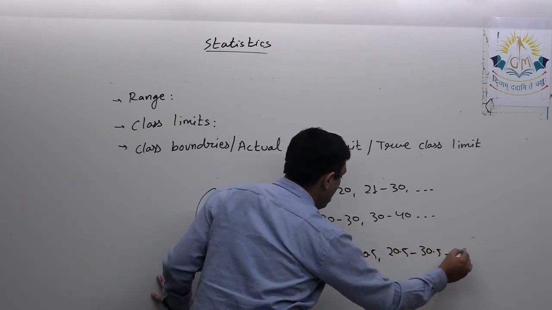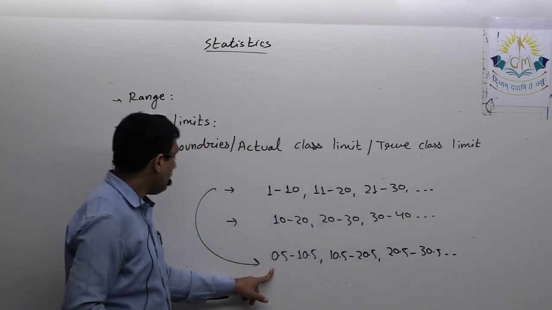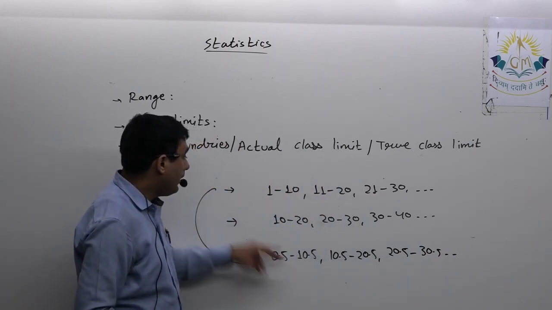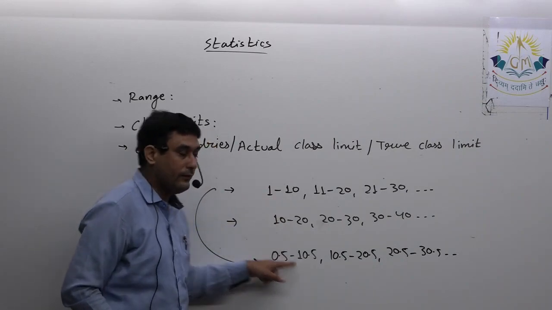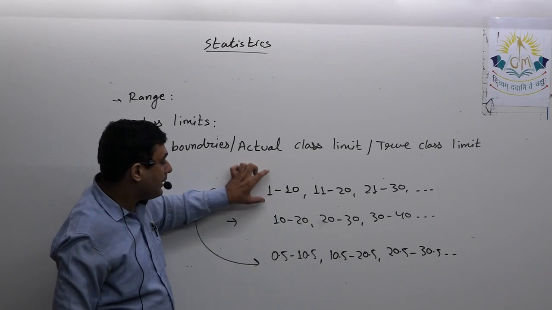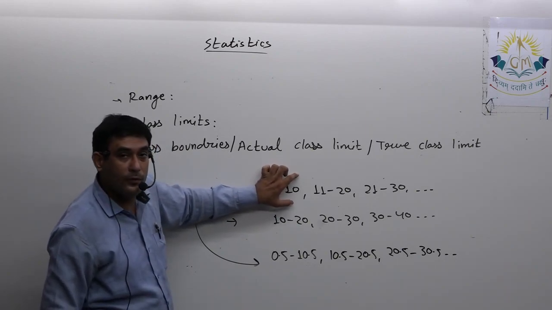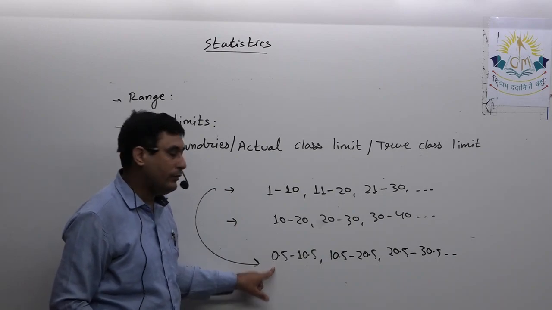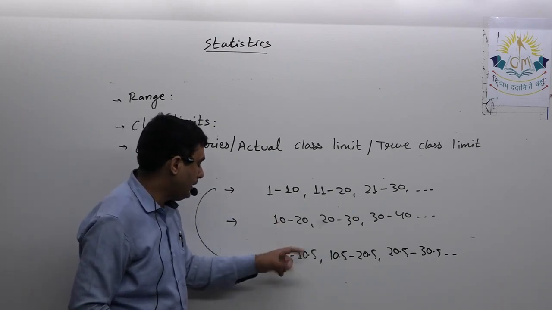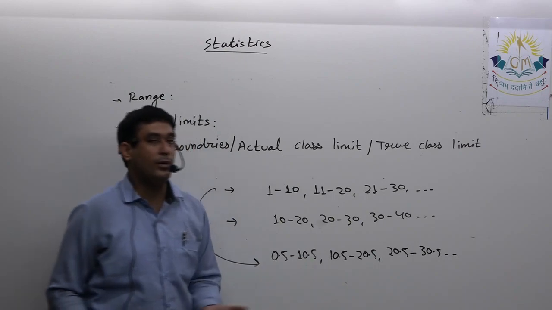Now I can say over here class limits are 1 to 10, but true class limits are 0.5 and 10.5. The lower class limit of the first class is 1, the upper class limit is 10. But the true lower limit of the first class is 0.5 and the true upper limit is 10.5.